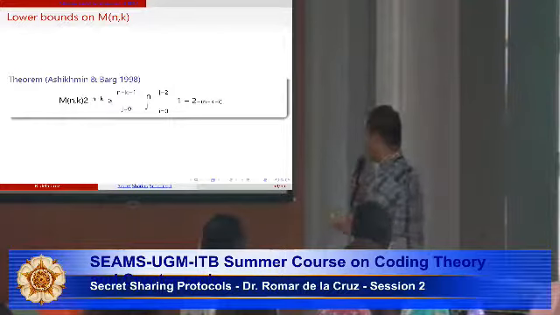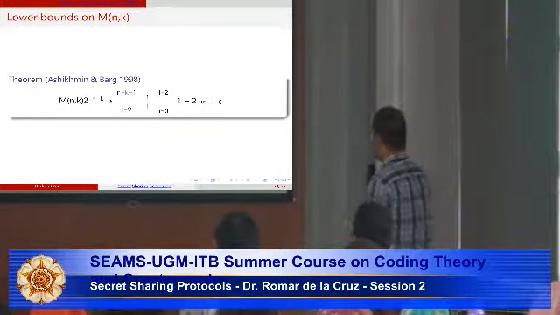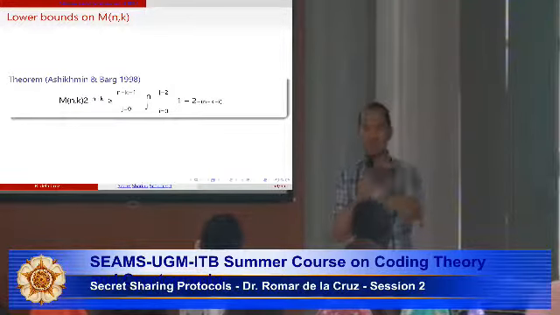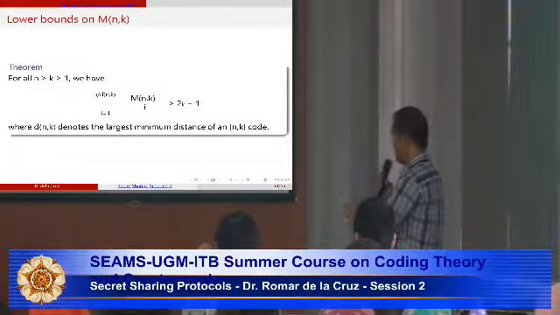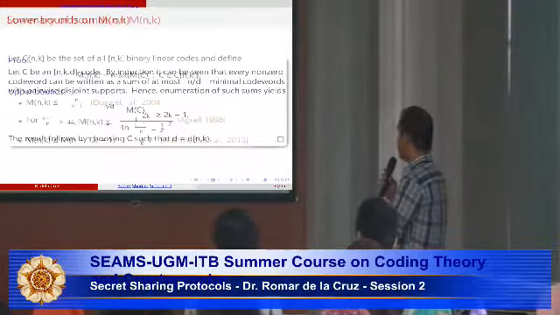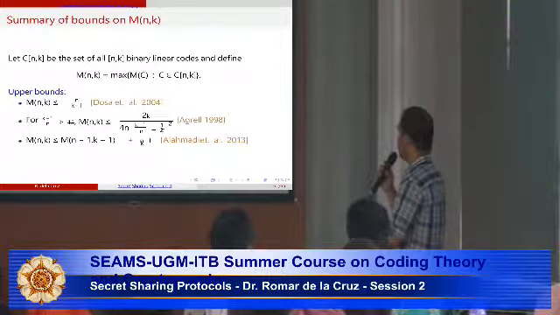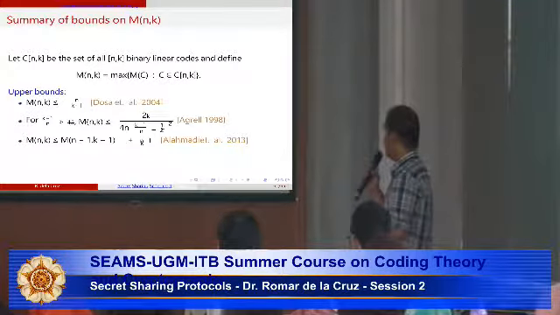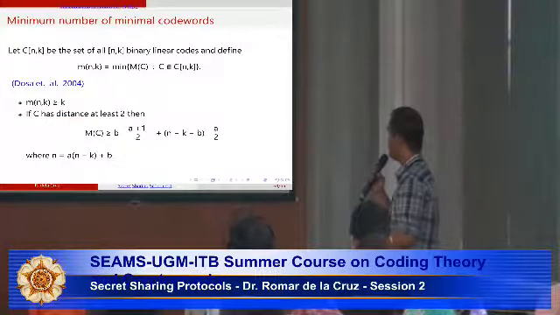Now we can also look at the minimum number of minimal code words. There are fewer results on this one compared to the maximum case. We similarly define this quantity: small m of n,k is the minimum number of minimal code words of binary codes. Some bounds are as follows.